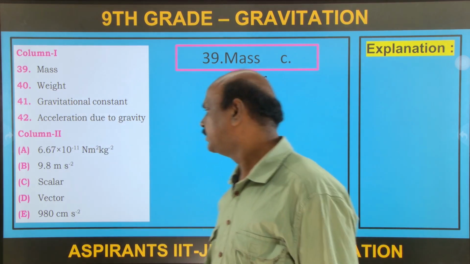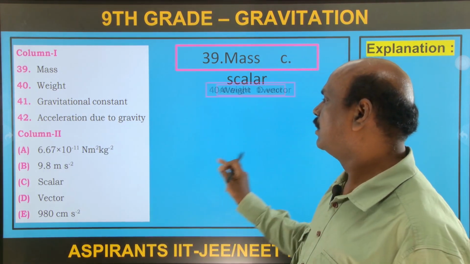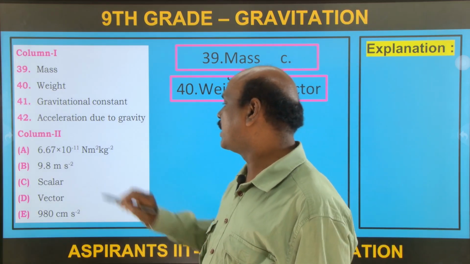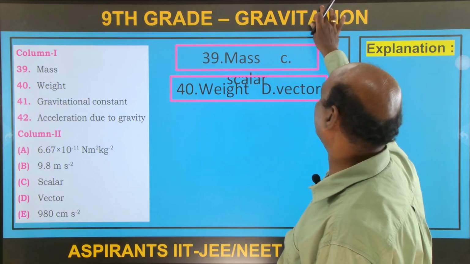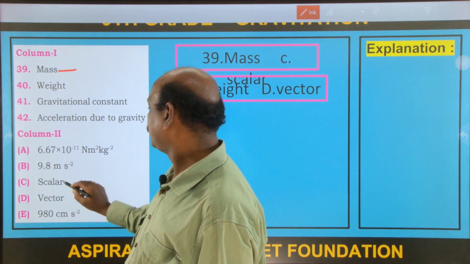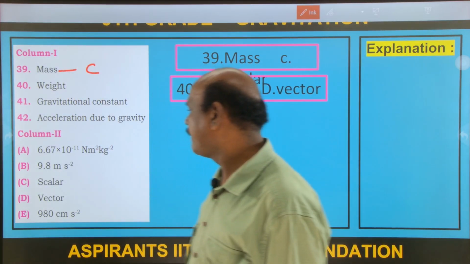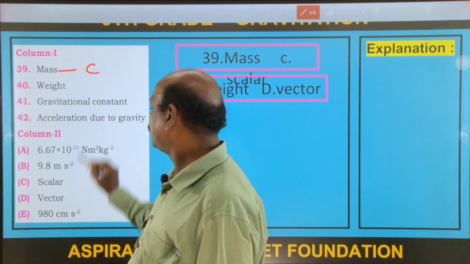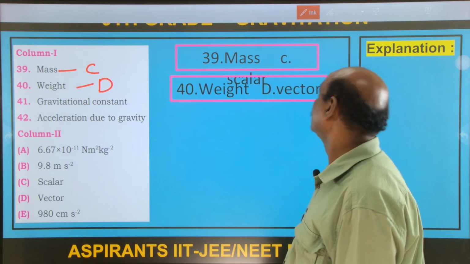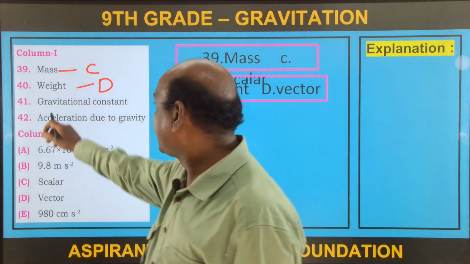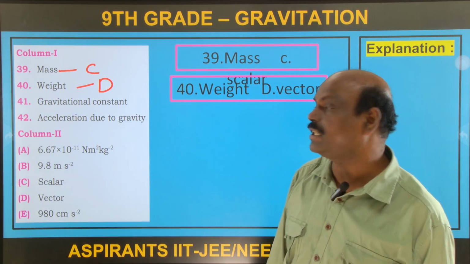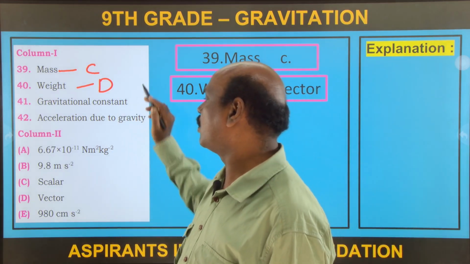Next, weight. According to the given data, weight is a vector quantity. So for mass, a scalar, option C. For weight, a vector, option D. The next, gravitational constant. Here the meaning of gravitational constant is the universal gravitational constant.